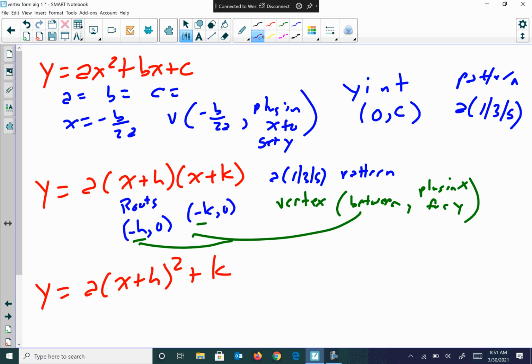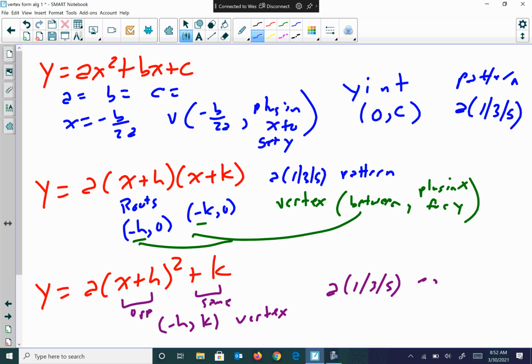And then the newest addition to our repertoire: opposite. So in this case, it's negative h, same k finds us the vertex. Our a times 1, 3, 5 is the pattern graph.